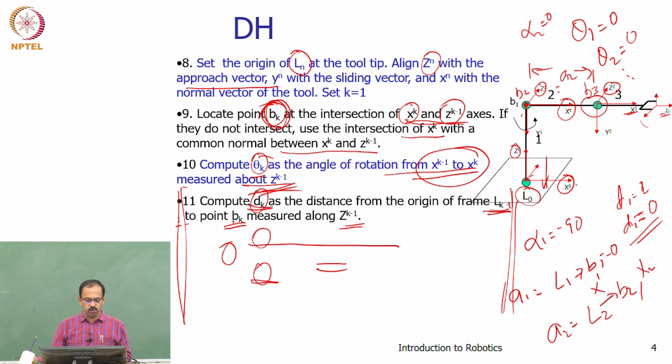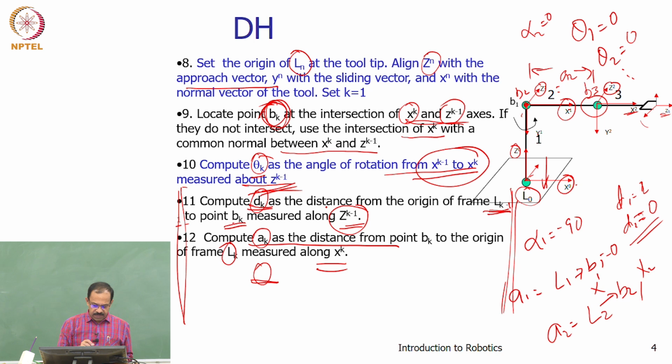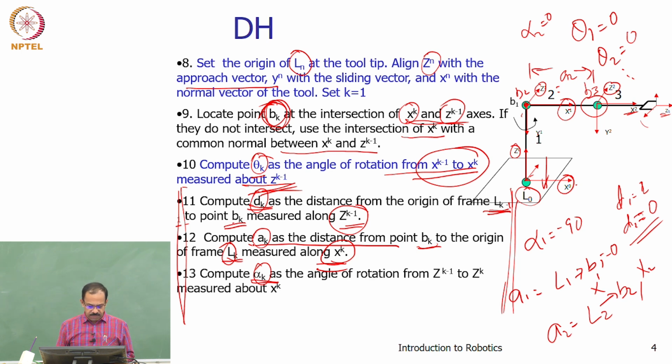So LK minus 1 to BK will be DK measured along ZK minus 1, and then compute AK as the distance from point BK to the origin of frame LK measured along XK. So that will be the AK. So you have DK, AK and theta k, and finally alpha will be the angle of rotation from ZK minus 1 to ZK measured about XK.